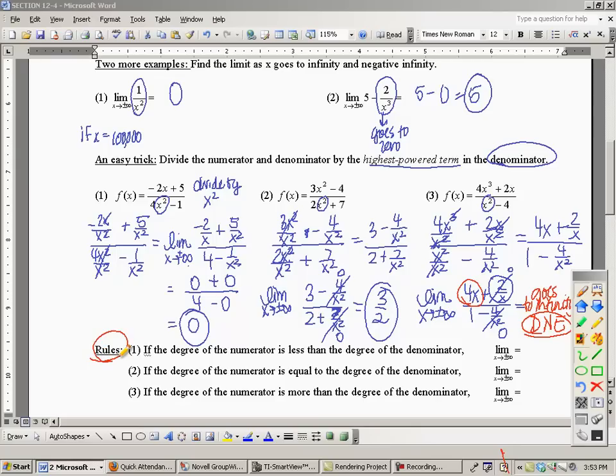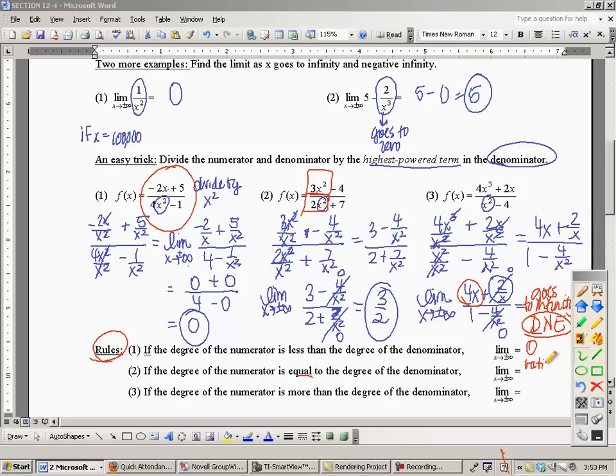Here's what happens. If the degree is less in the numerator than it is in the denominator, like number 1, we get that the limit is 0. If, like in number 2, the degree of the numerator is equal, so I had a 3x squared and a 2x squared, then we divide their leading coefficients.